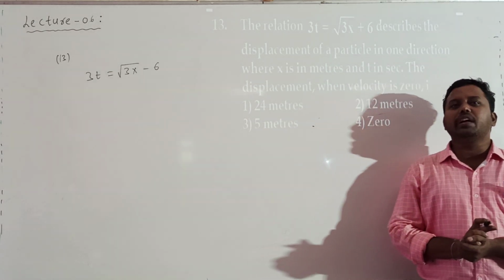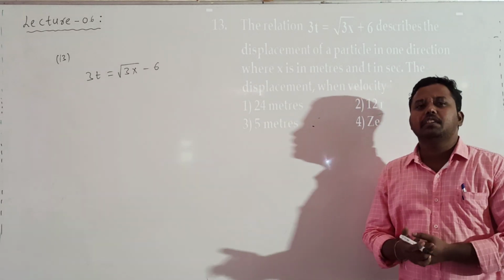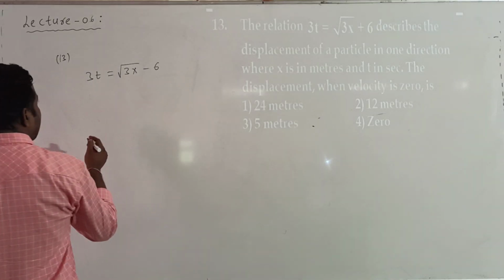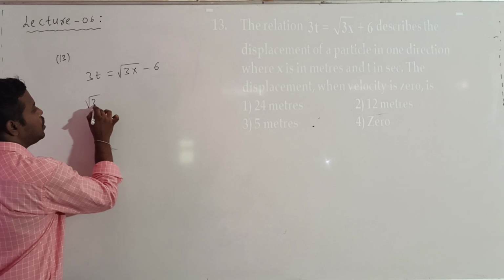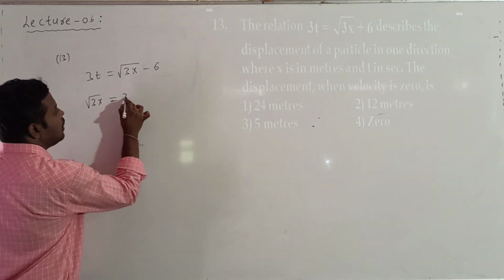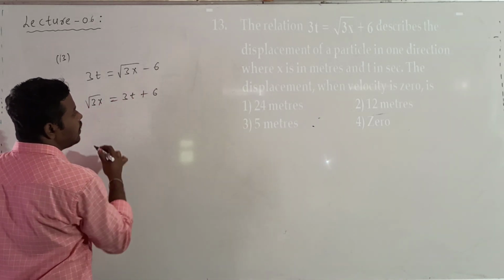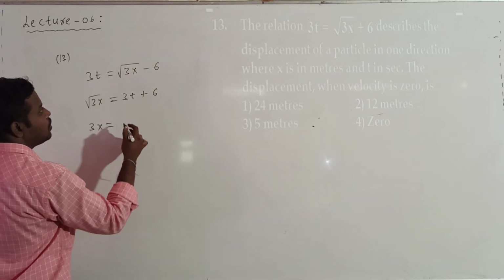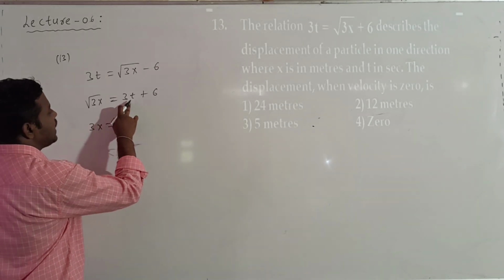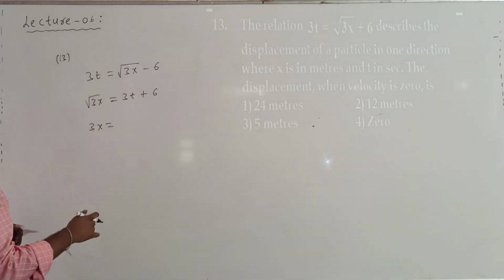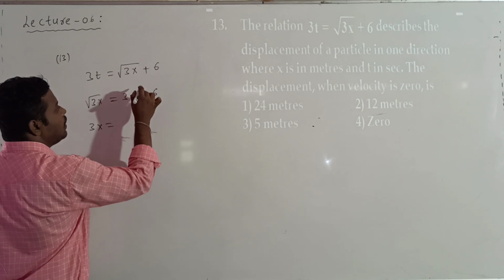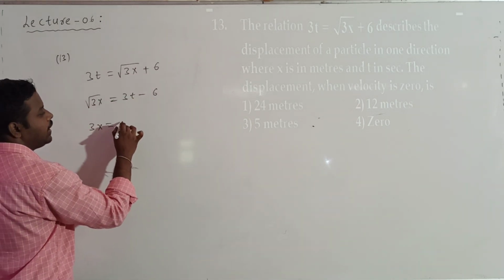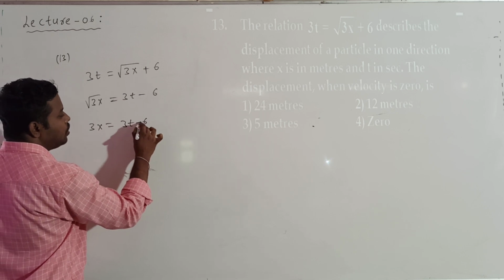So first I want to calculate the time after which the velocity is 0. Then we can calculate the displacement. To calculate the time, root 3 into x is equal to 3t - 6. Can I square on both sides? Squaring on both sides, I get 3x = (3t - 6) whole square.